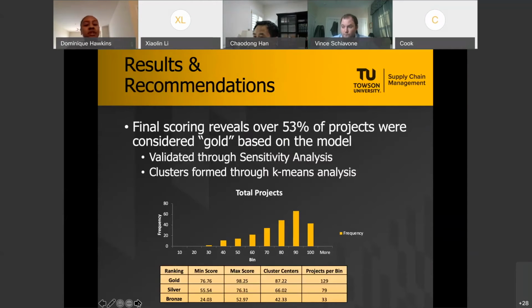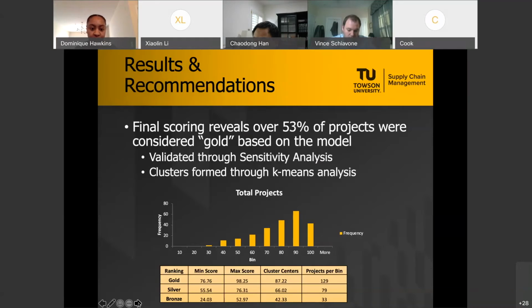So after scoring all 241 projects, the final scoring revealed that over 53% of the projects were considered gold based on our model. And so the gold, silver, bronze groupings were formed using K-means analysis. And so if you look at the chart at the bottom, you can see what the score of each project had to be to fall into each category.